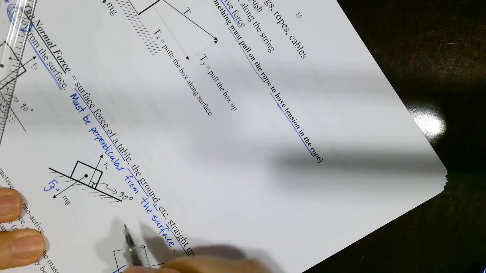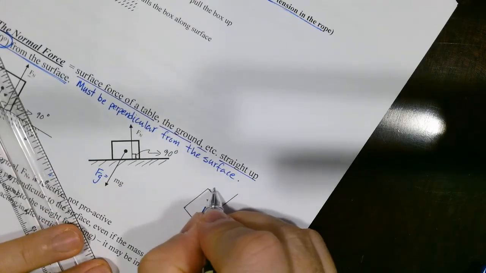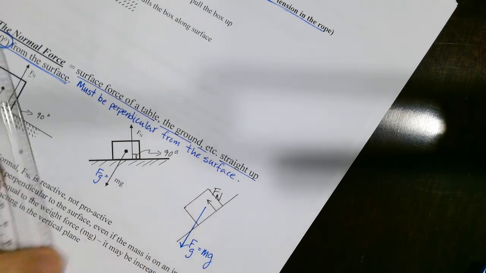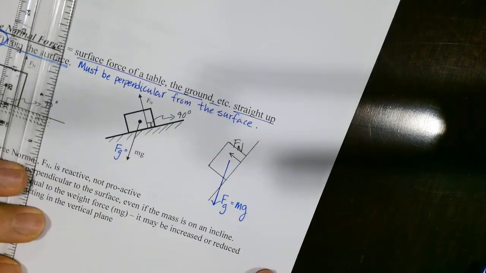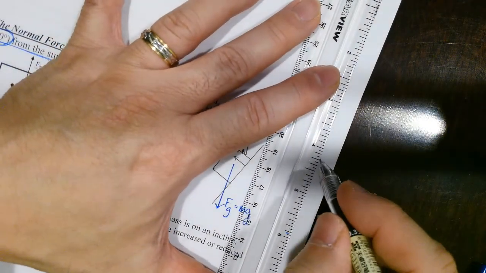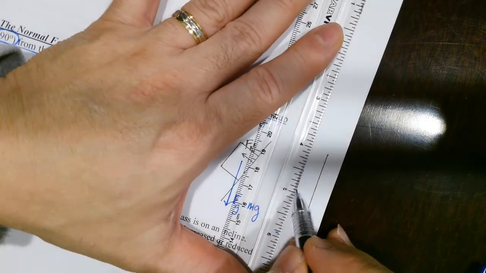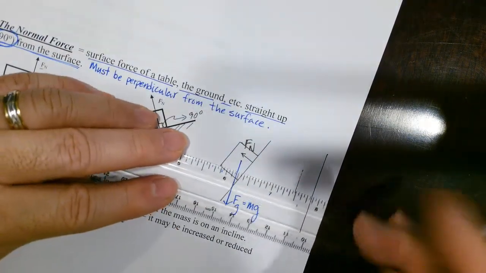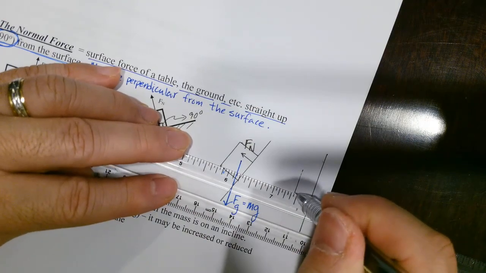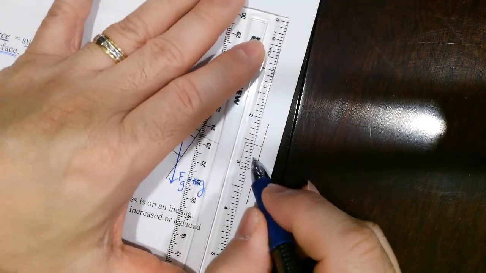And guess what? It's going to get smaller and smaller. So here's your F normal. Matter of fact, if it's straight up against the wall like this, your normal force goes to 0.